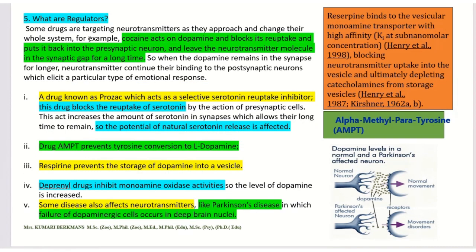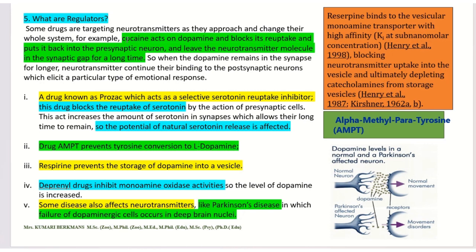What are regulators? Some drugs are targeting neurotransmitters as they approach and change their whole system. Let us take an example. Cocaine acts on dopamine and blocks its reuptake and puts it back into the presynaptic neuron and leaves the neurotransmitter molecule in the synaptic gap for a long time.